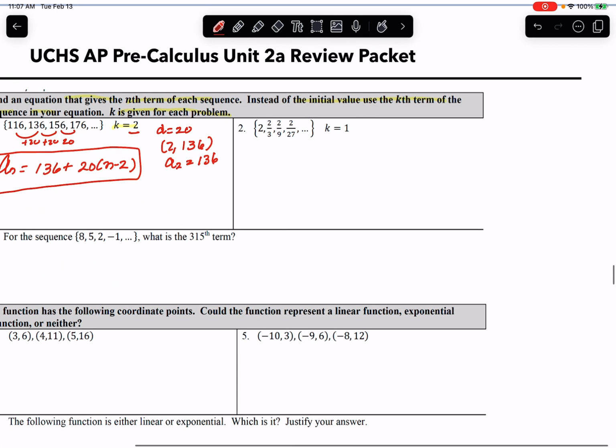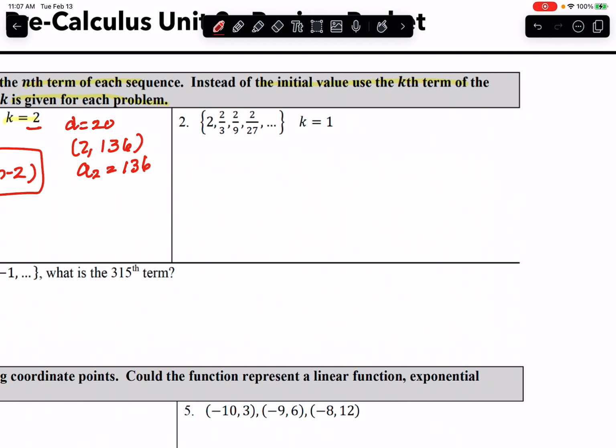Let's look at the next one. 2, 2/3, 2/9, 2/27. It looks like it's a ratio of 1/3. And k is 1, so we have the first term. That would mean g of 1 is equal to 2.